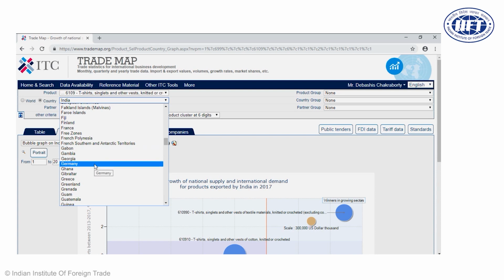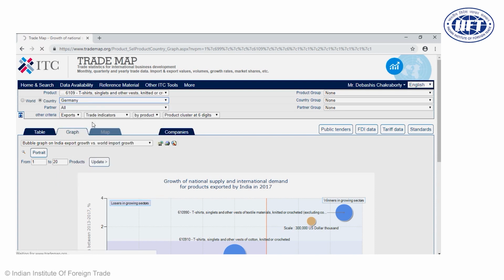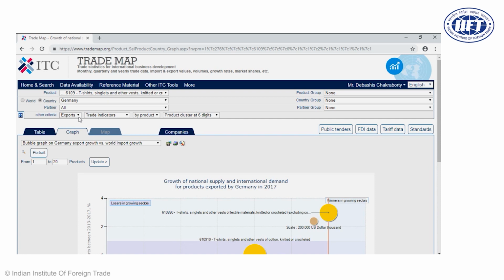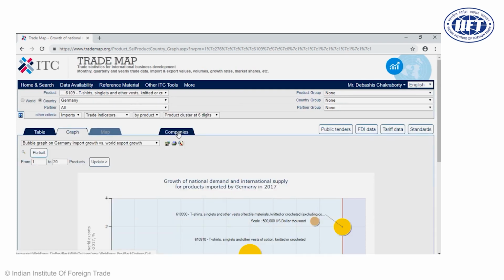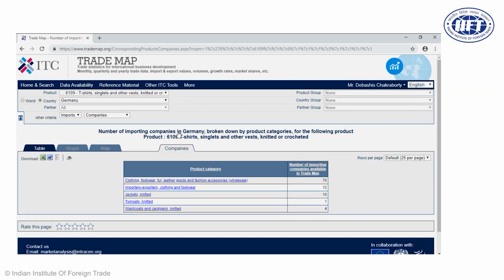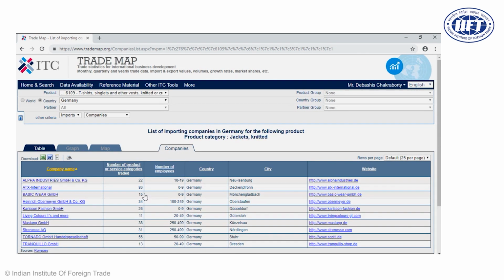Finally, suppose we look at the example of Germany as a country. We click on Germany. We look at the trade flow imports and we click on companies. Then we see there are a number of companies which are importing various forms of garments from the world.